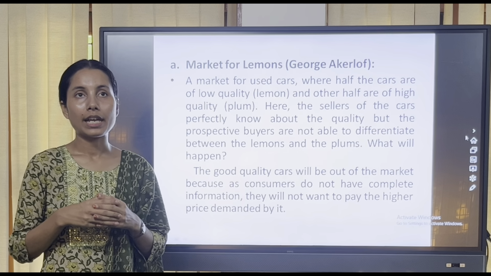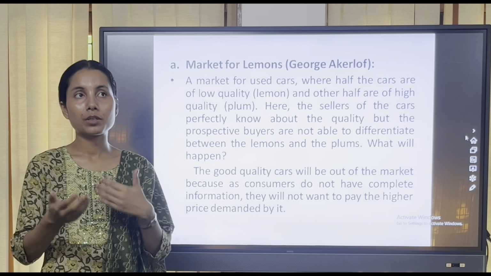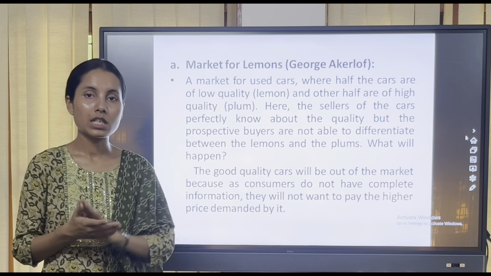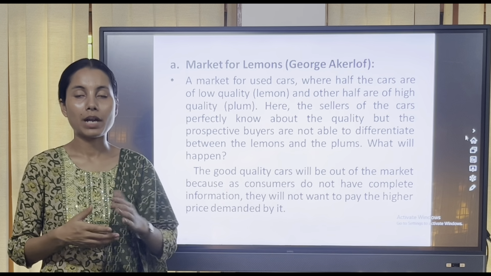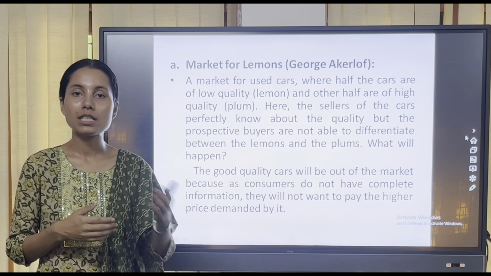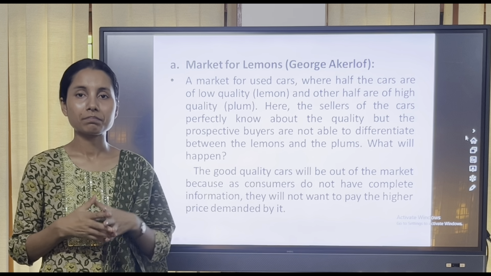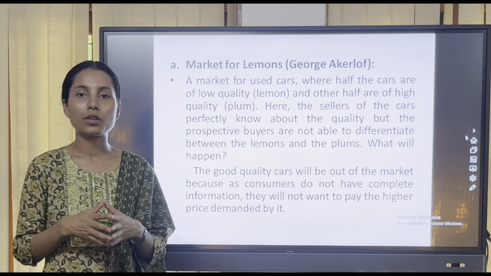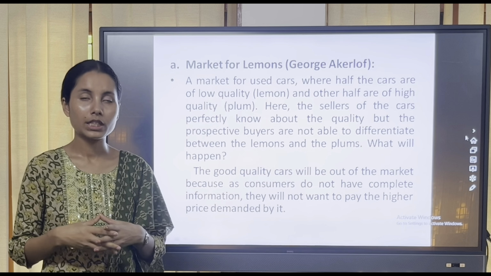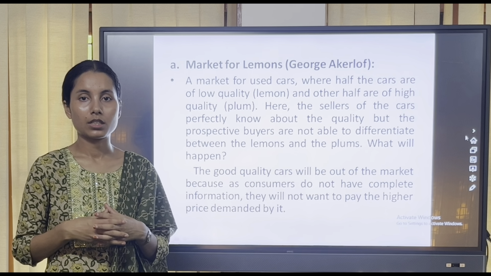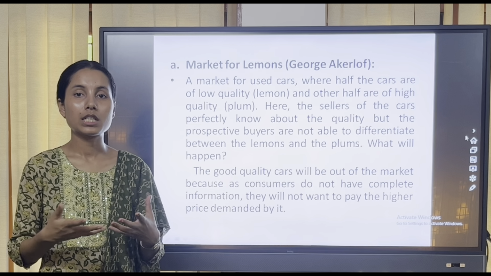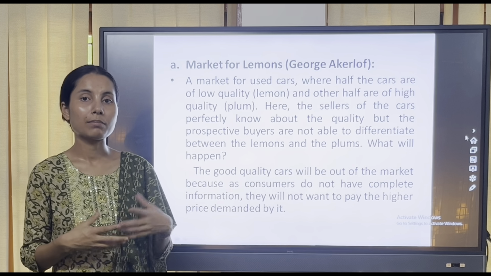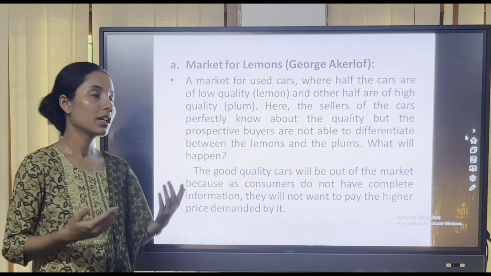Now again, after purchasing one car, the next time I will be sure that in this market there are only lemons, so I will further lower my price, and at that price obviously I am getting a lemon, and all the high quality used cars will not be sold, and they will go out of the market. So no transaction of good quality cars will occur ever, right? So this is the famous problem of the lemons market, as explained by George Akerlof.